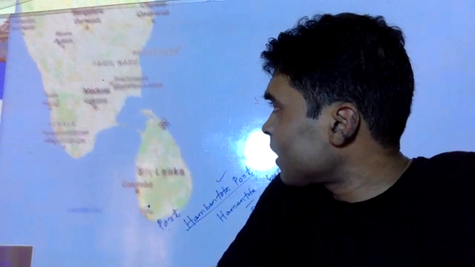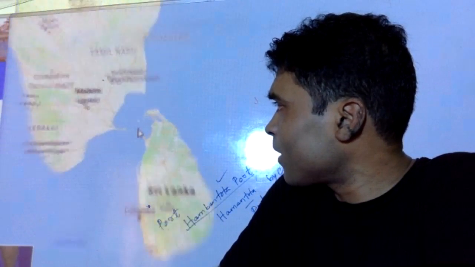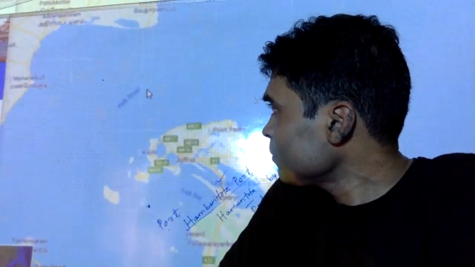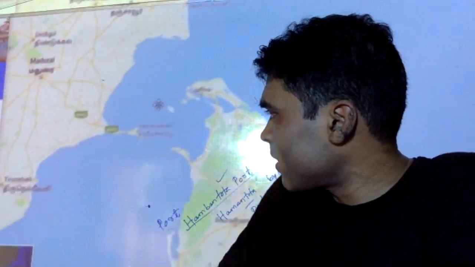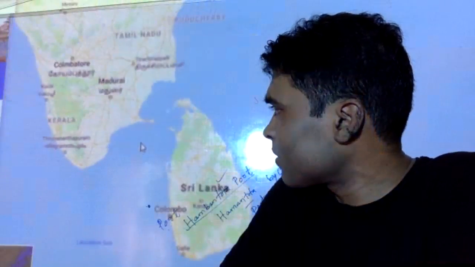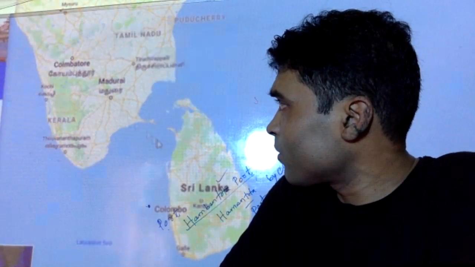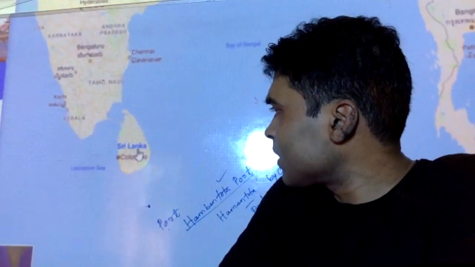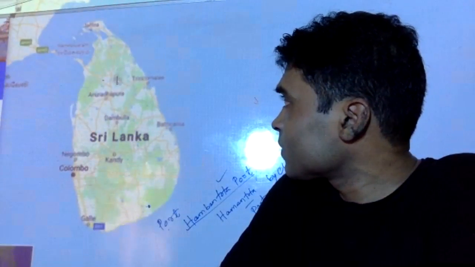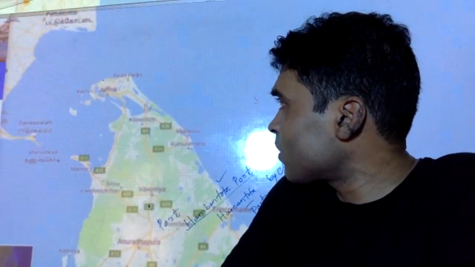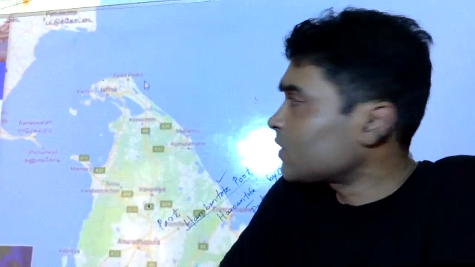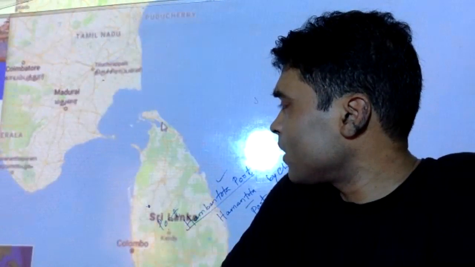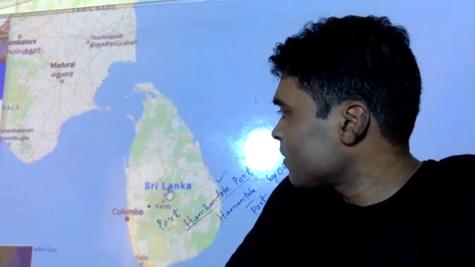It is separated from India by three features: Palk Strait, Palk Bay, and the Gulf of Mannar. The Gulf of Mannar is located between India and Sri Lanka. Also we studied Elephant Pass, connecting the Jaffna Peninsula with Sri Lanka.